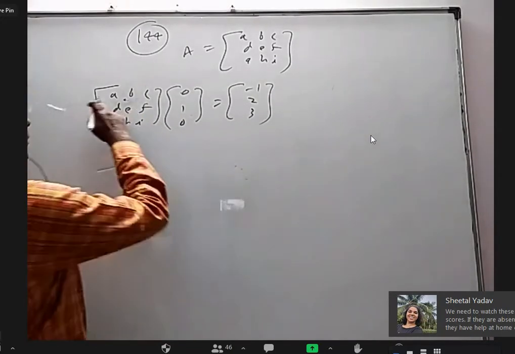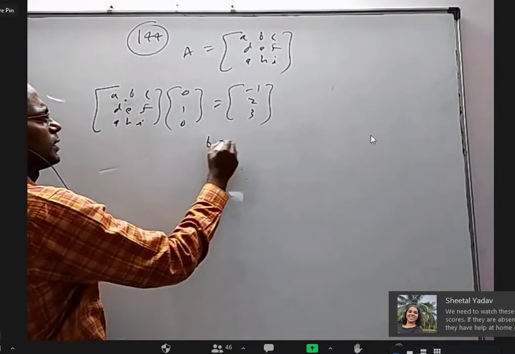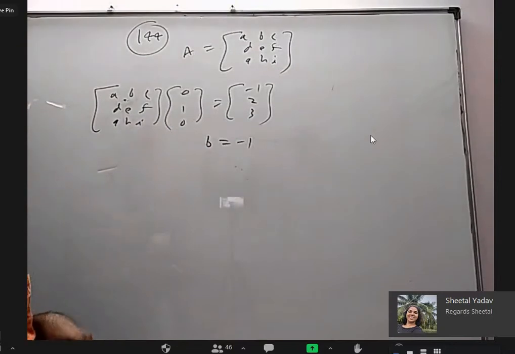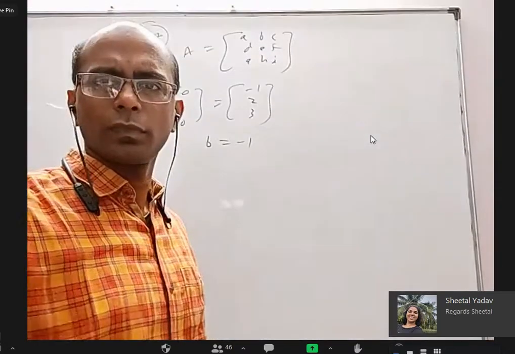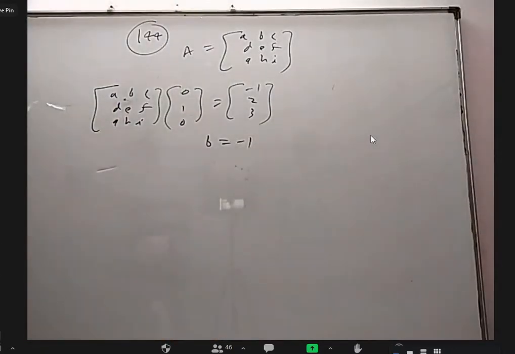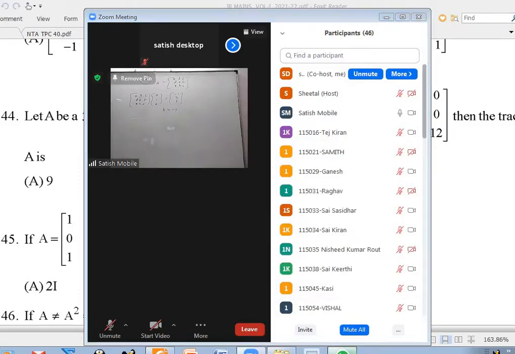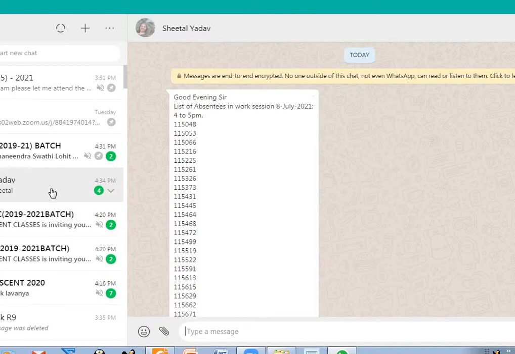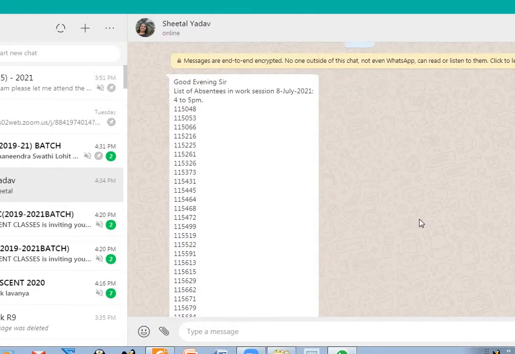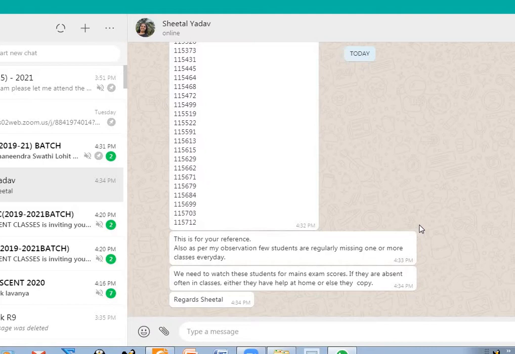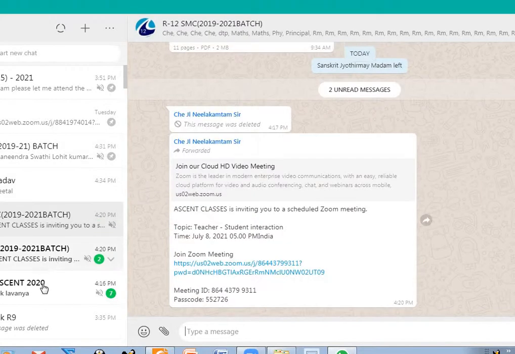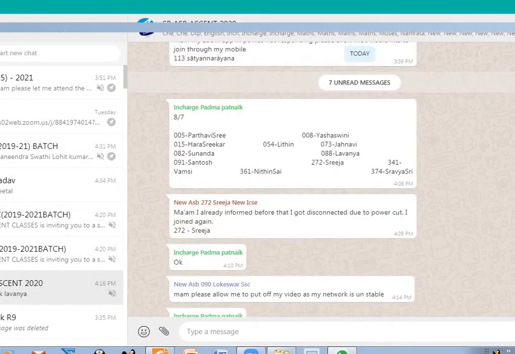First row into first column will give me B equal to minus 1. From the first equation, B will be minus 1.